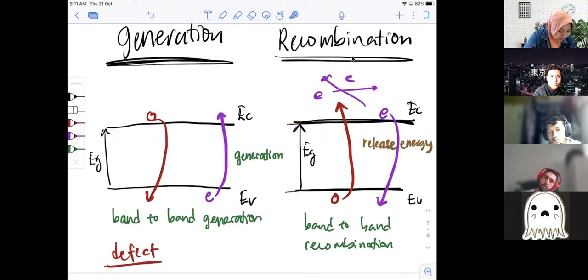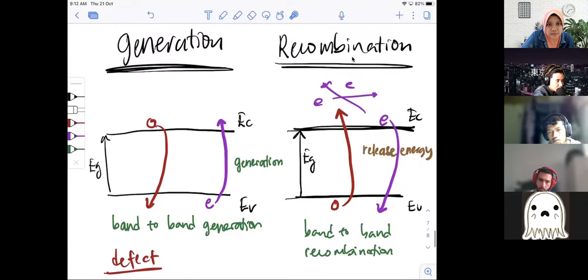So here, if you want to generate the electron, the minimum energy that the electron needs to get is the band gap energy. And when recombination occurs, this process will release energy, and the amount of energy is the energy of the band gap. Okay, clear?